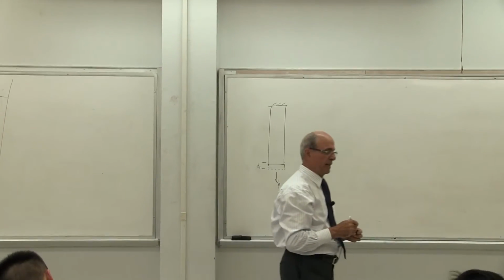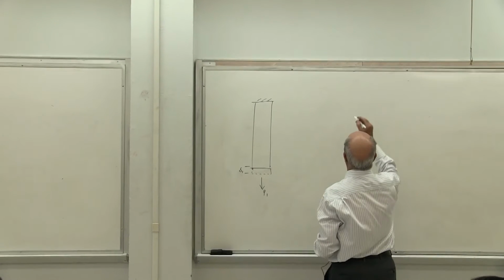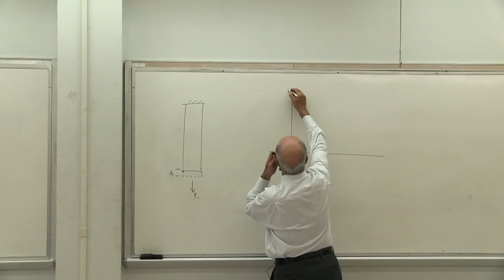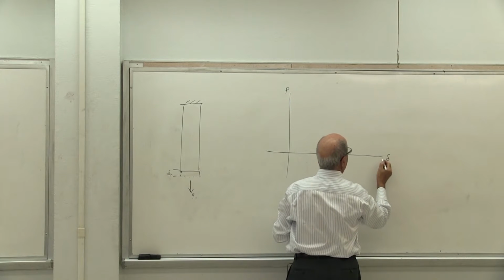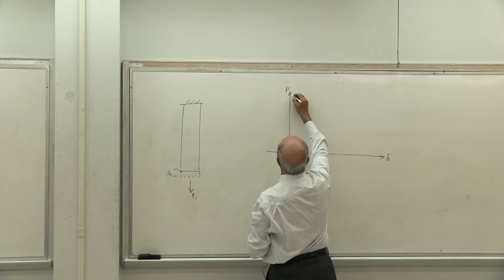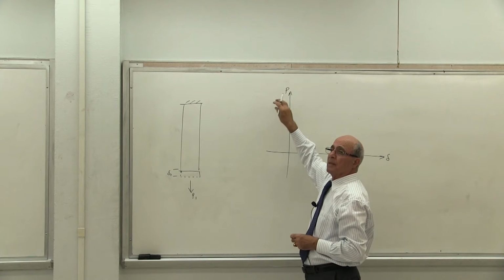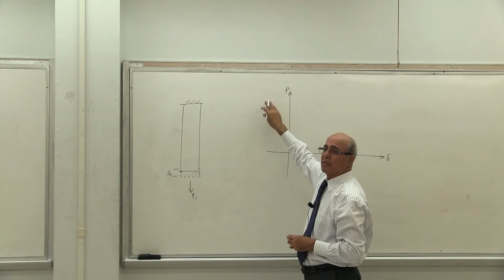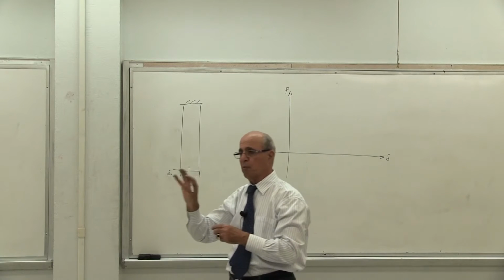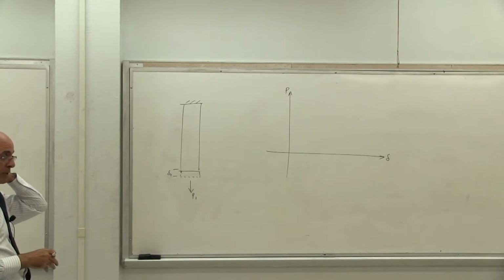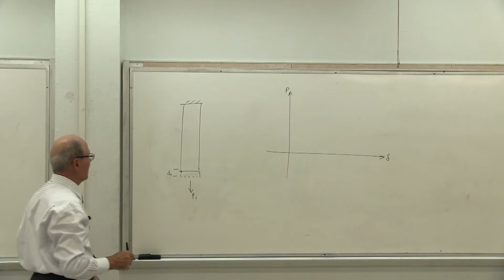Then I'm going to plot P versus delta in general. This is not Hooke's law, because in Hooke's law we plotted epsilon versus sigma. Here it is load versus deformation, a different thing. However, the same principle applies.